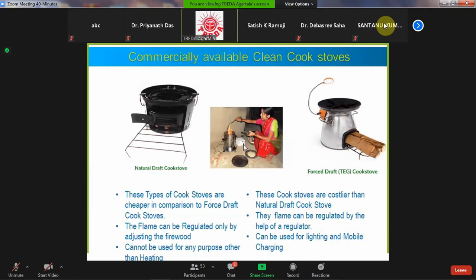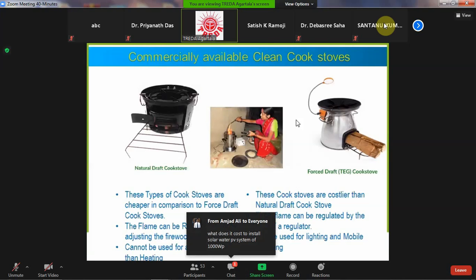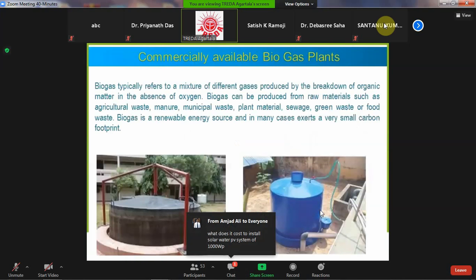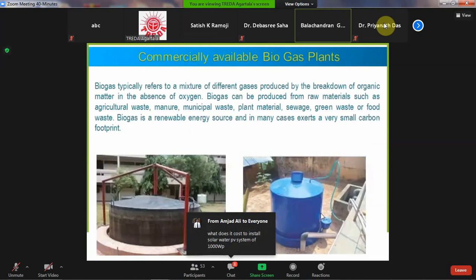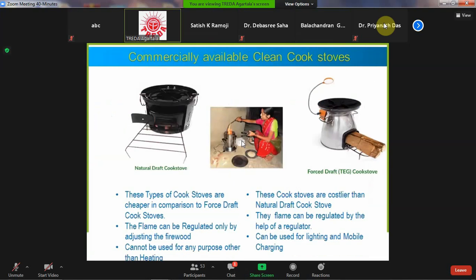There are 3 options here. They run from sunlight, and if sunlight is not there, there is also battery backup. They can also run on battery. And if sunlight and battery both are not there, then we can also connect it by grid line. There are 3 options.